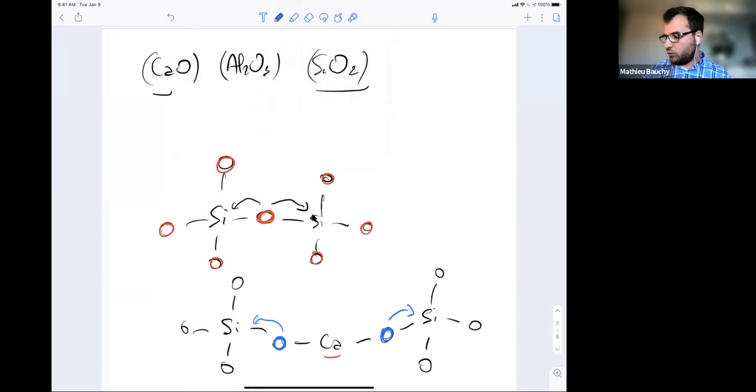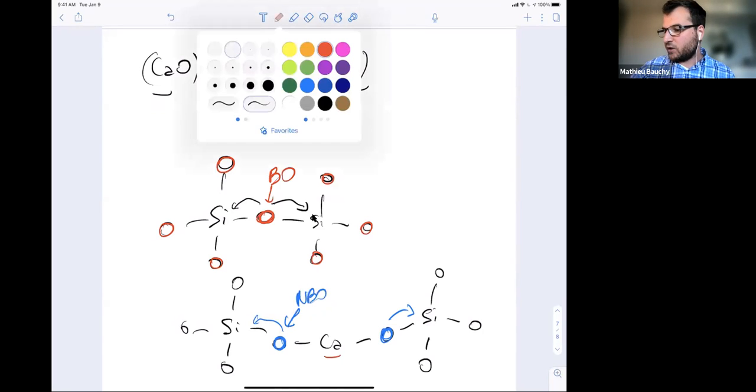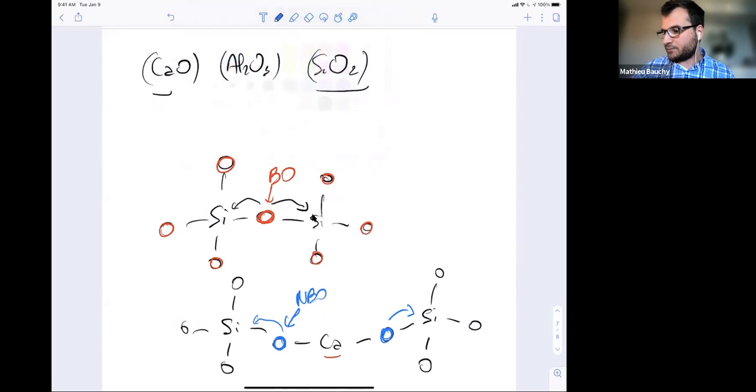So you create those non-bridging oxygen, NBO, and usually those non-bridging oxygen tend to weaken the glass. They tend to make the glass more flexible or less rigid. So it will tend to decrease the modulus of the glasses. And on the other hand, when you add aluminum, that's kind of the opposite effect.